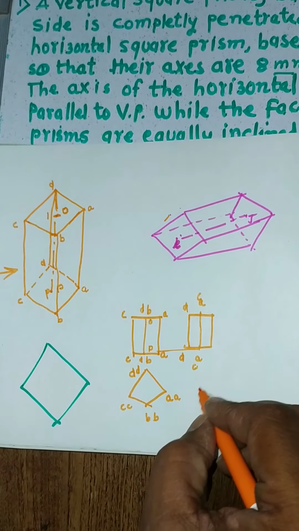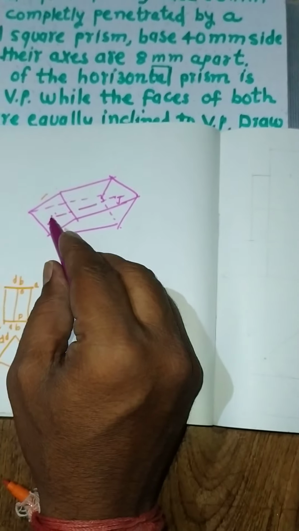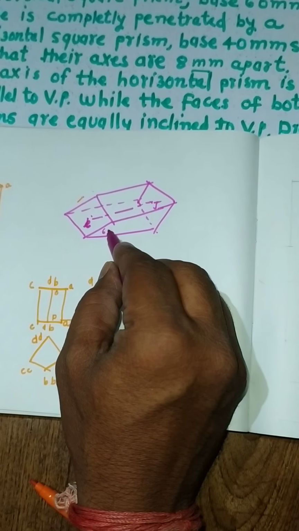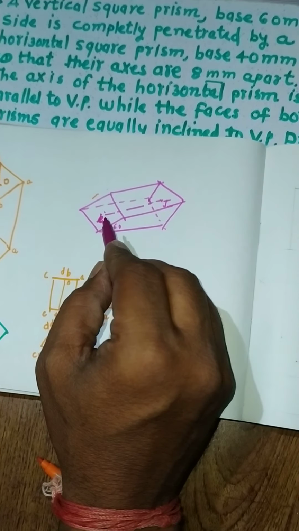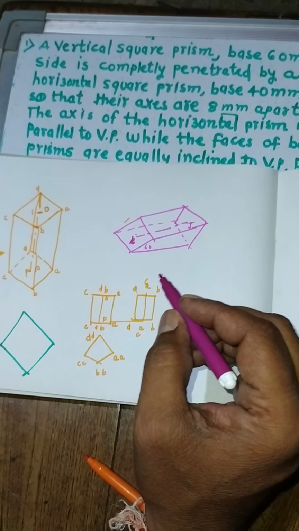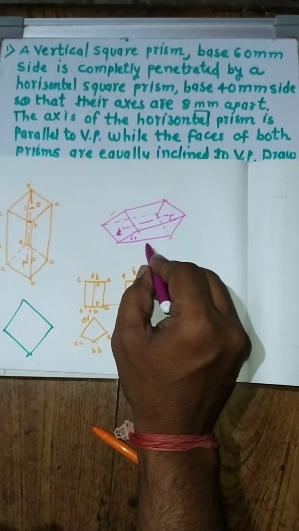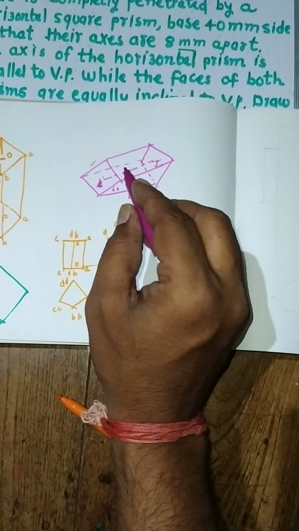Now, the one drawn with the pink color is the horizontal square prism, whose dimensions are given. This is the 40 mm edge, axis length is 100 mm. So the axis is parallel to VP as well as HP. Now if you draw the projection of this horizontal solid, the cross section square, what do you mean by cross section?